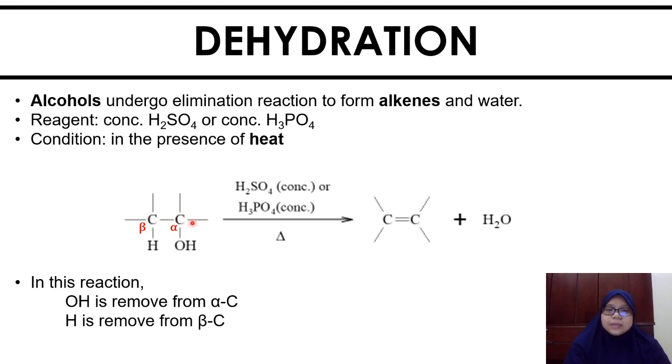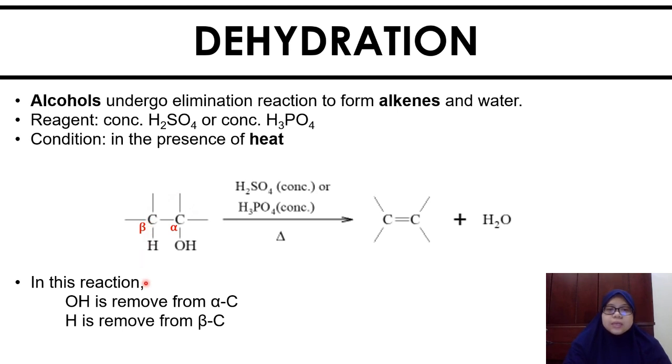Because this carbon is connected to the functional group of alcohol, which is hydroxyl. Any carbon that is attached to any functional group, we call it alpha carbon. So the carbon attached to hydroxyl is called alpha carbon, and any carbon next to the alpha carbon we call a beta carbon.